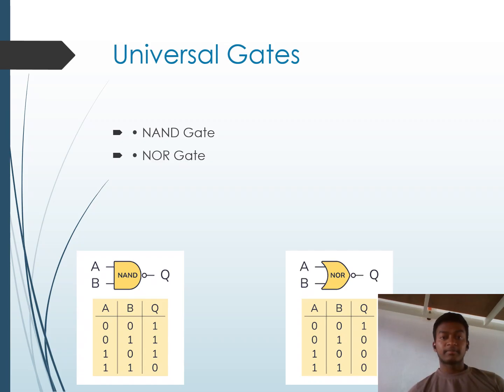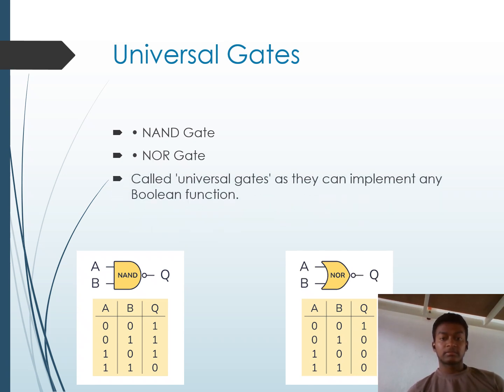For example, NAND gates are heavily used in digital IC design because they're cheaper and easier to fabricate. So we can see the truth table of the NAND gate below and the NOR gate also. These are called universal gates since we can implement any Boolean function with these two gates.